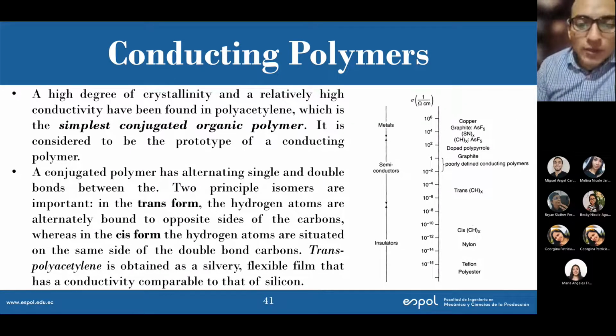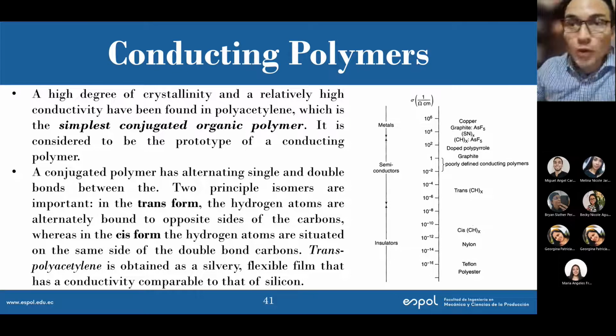Let's talk about the simplest conducting polymer known, that is polyacetylene. It has a very high degree of crystallinity, and for a polymer, it actually has a relatively high conductivity. You can see there the conductivity of certain polymers.